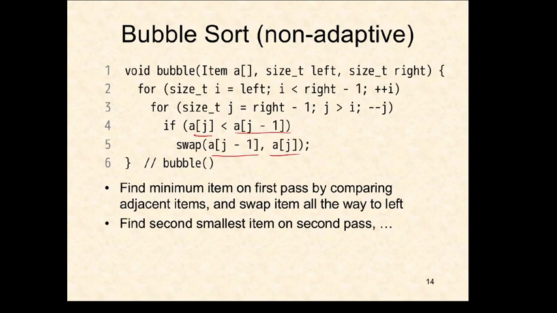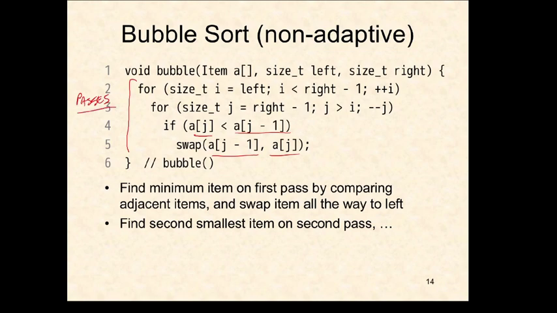And the basic idea here is we always compare adjacent items. If we don't like their order, we swap them. The details: we can think of the outer loop as doing passes through the data, meaning it iterates from one end to the other.